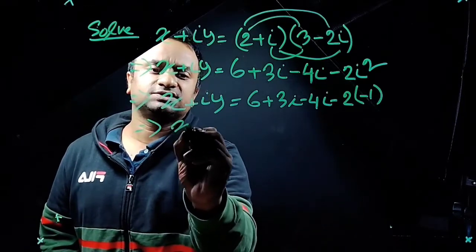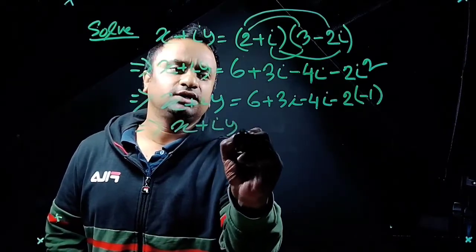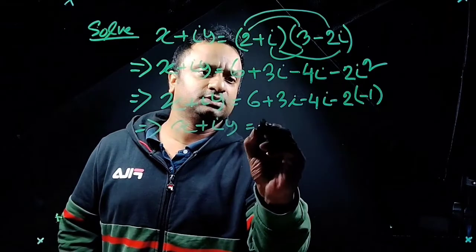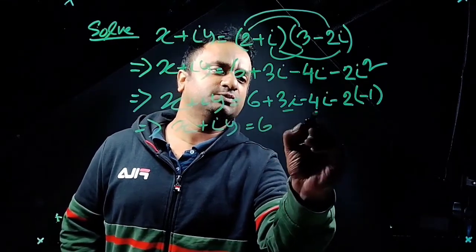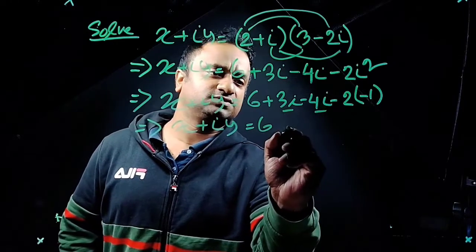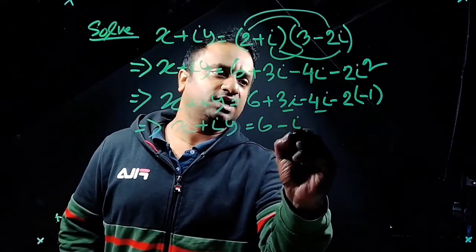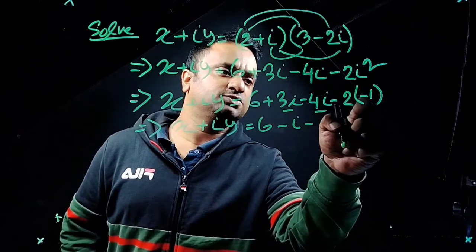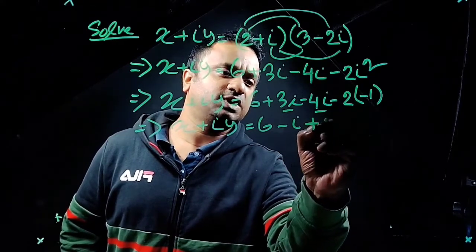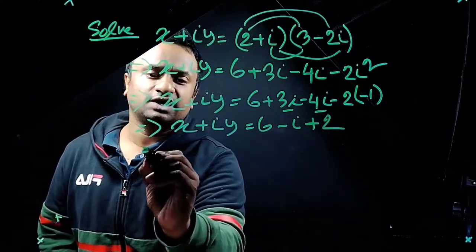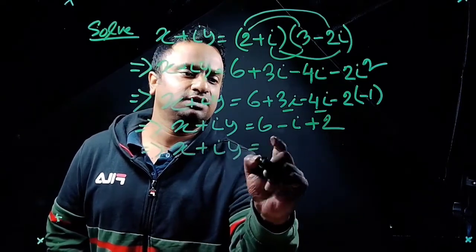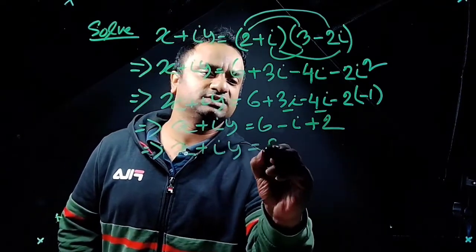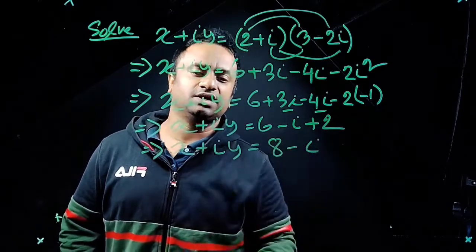Now I can write x plus iy equals 6, and then this becomes minus 4i plus 3i minus i, and then minus 2 times minus 1 is plus 2. Okay, so I can write x plus iy equals 6 plus 2, that is 8 minus i.